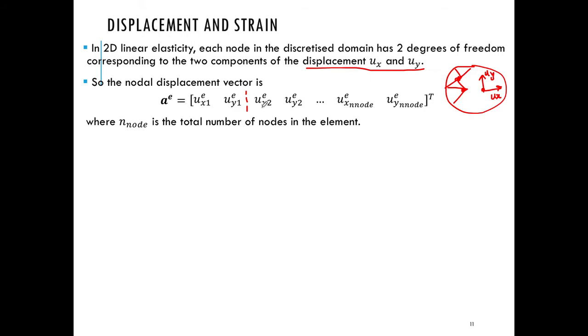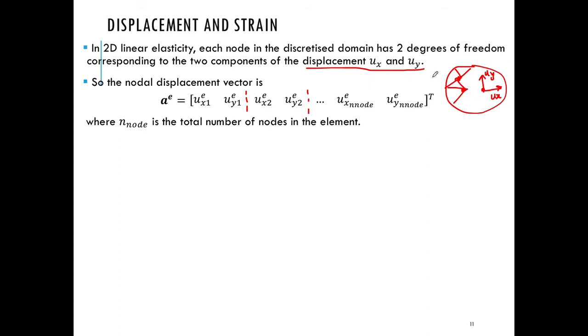Then I write down my x displacement and y displacement from my second node, so these are the degrees of freedom from my second node, and so on until I get to however many total nodes I have. Finally, this is written as a transpose because Ae, as you all know, we tend to write using column vector notation.